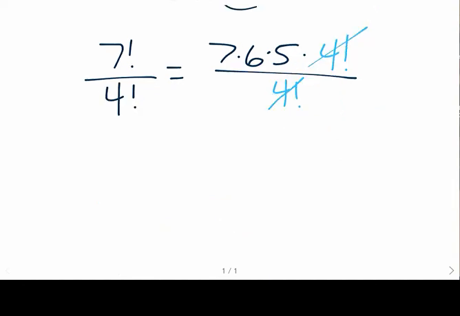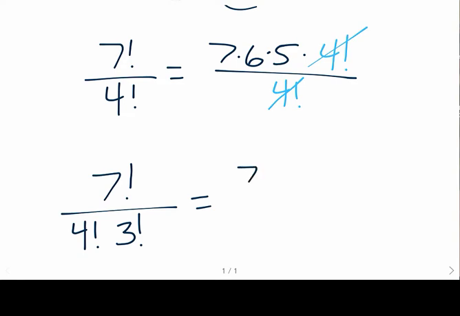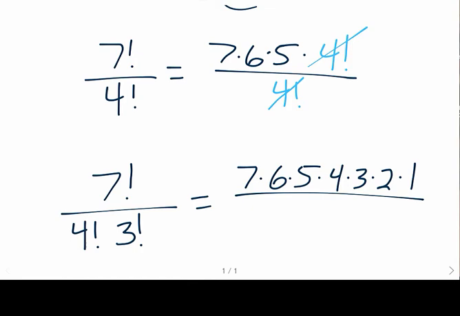And then we might see a situation where we combine them in a little more interesting way. 7 factorial divided by, let's say, 4 factorial times 3 factorial. Well, the 7 factorial is 7 times 6 times 5 all the way down the line. And the 4 factorial is, of course, 4 times 3 times 2 times 1. I just write the 1 for completeness.